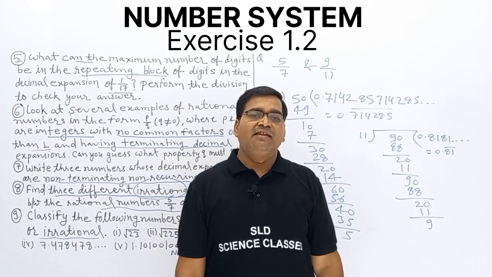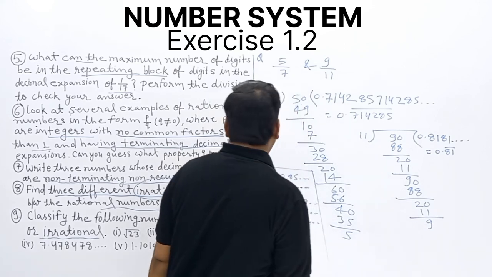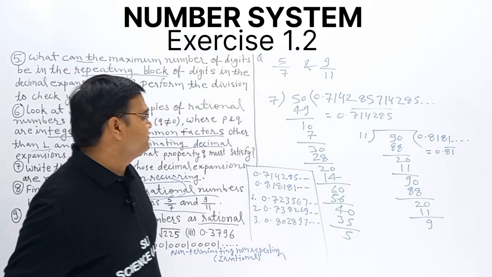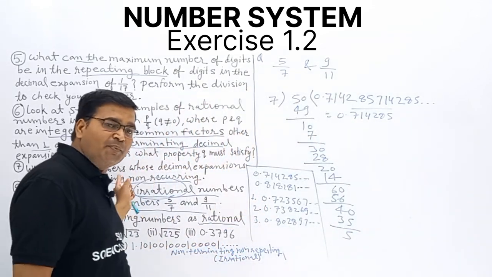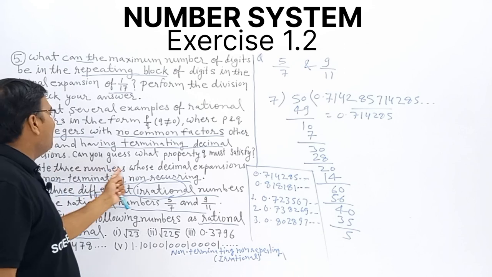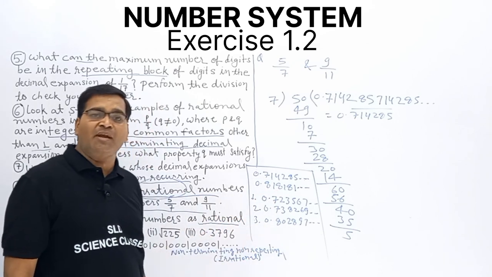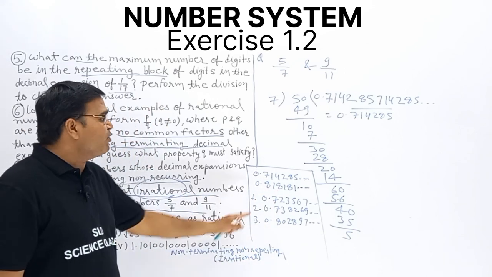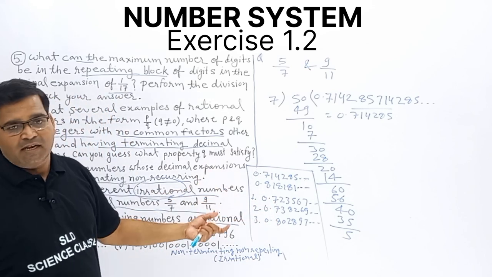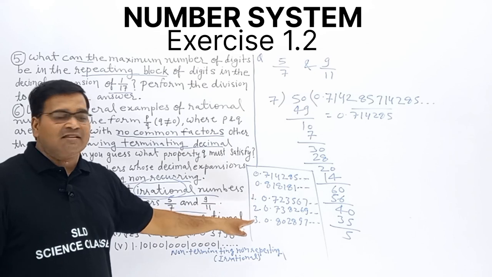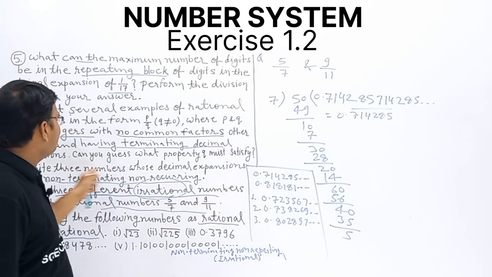Irrational numbers. And how will we write irrational numbers? Observe. These 3 are the examples. We want 3, so you can write these 3 numbers there. Why? Because they are all non-terminating, non-repeating. So these all are examples for this question.